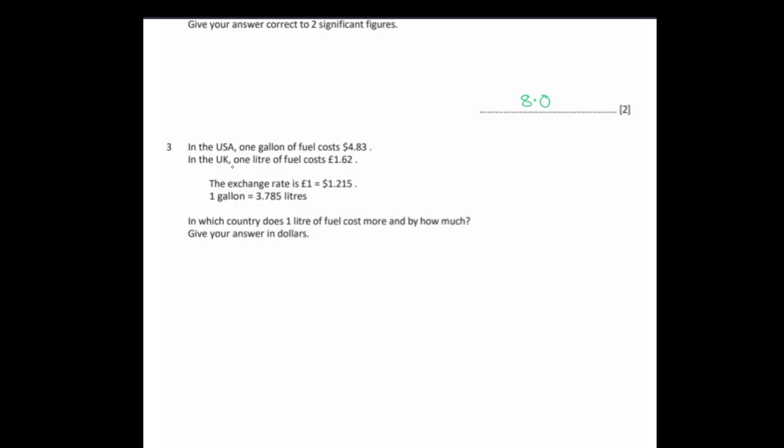For the UK, they have given the cost of 1 liter of fuel, but in pounds. So let us convert this pounds to dollars.